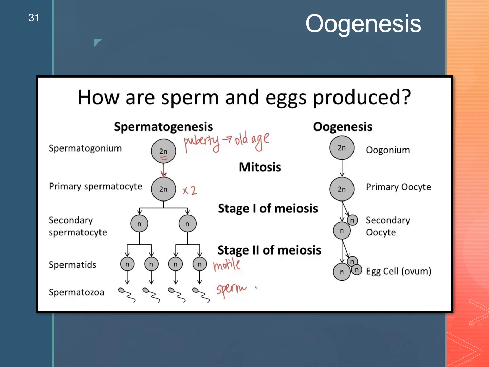So then when we get to the first stage of meiosis, we have this dividing, and then there is an unequal division of the cytoplasm. So we get this really big cell, and then we get this little bitty one called a polar body. Now the big cell is what's going to go on to become the ovum, and that little cell called the polar body is going to eventually degenerate.